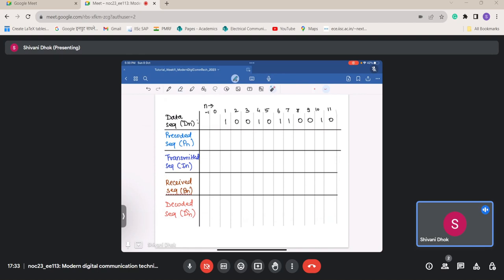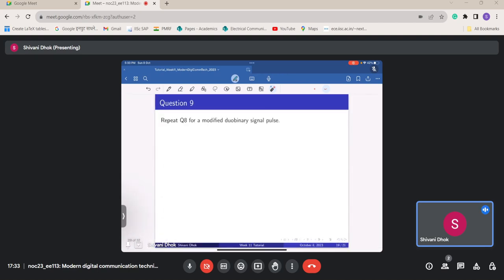So let's first just note down what exactly is happening for this modified duobinary signal pulse. So we know that for this pulse, we have 1 at n equal to minus 1 and minus 1 at n equal to 1. So this kind of thing we are having.